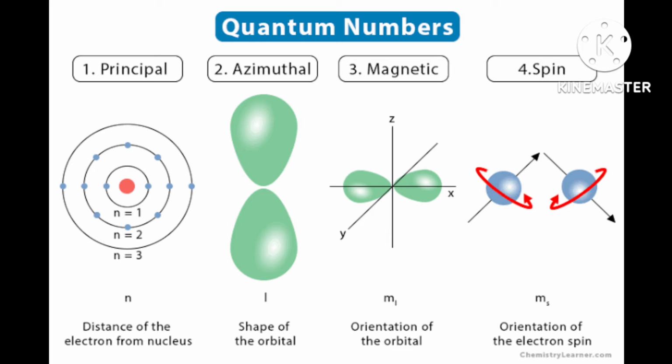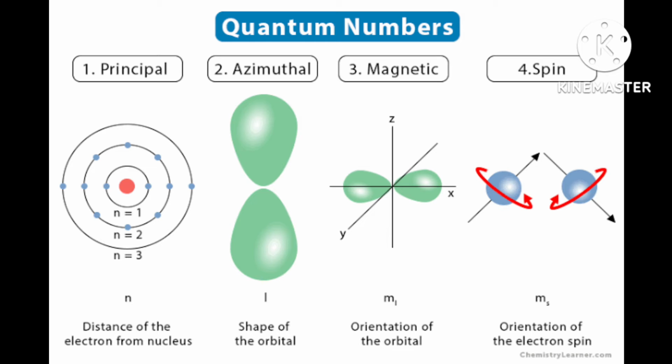And like that way, n is equal to 4, then 0, 1, 2, 3, one less because 0 you are counting. Then like that way, I told you about the n and subcell.